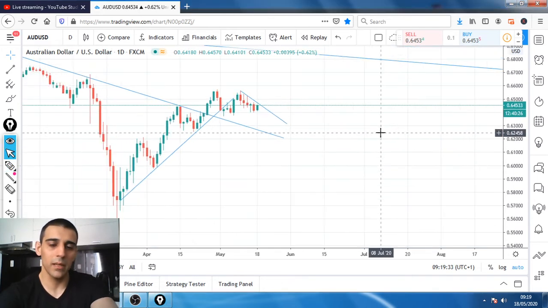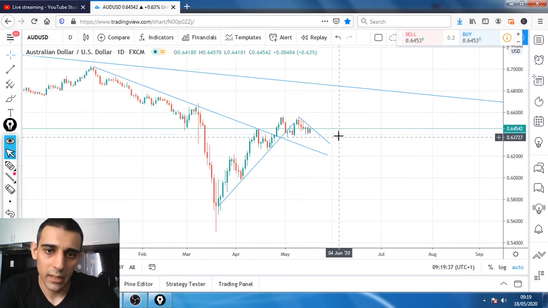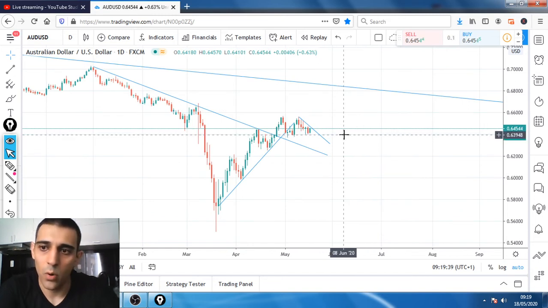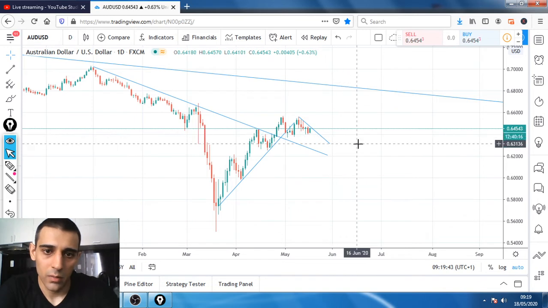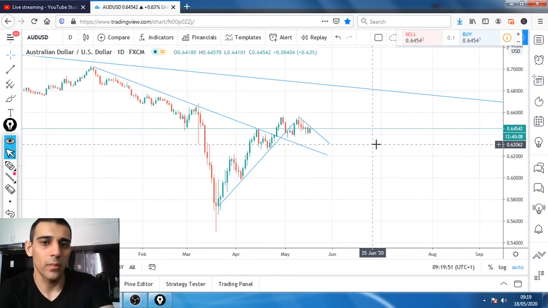So just keep that in mind if you take this trade. 64.05 will be the target on this one, or the second target could be down to this level, the 62.90 zone.